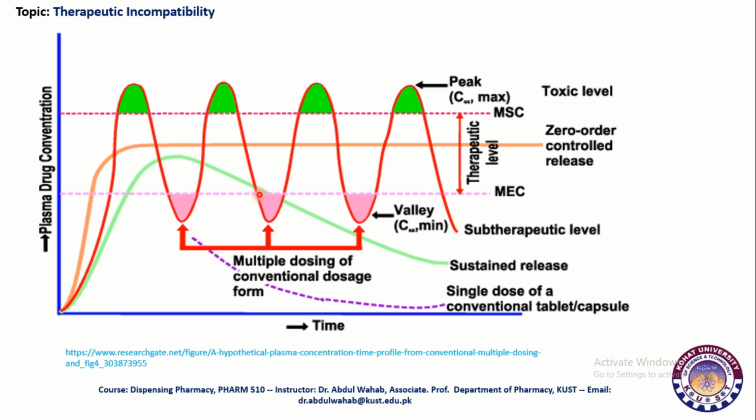For example, if a doctor prescribes a tablet or capsule of 500 mg TID, that is ter in die, meaning 3 times a day, with a duration of 6 hours. As you can see, with the first dose the drug will be absorbed and the concentration will increase gradually.